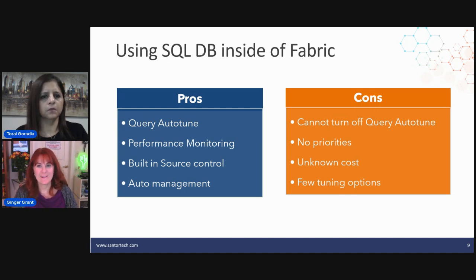There are, as you can see, different philosophies about query auto-tuning. Some people, DBAs in particular, think, oh gosh, I want to be able to turn that off. I want to do my own query tuning. I don't like what it has done. One of the things that I will say is a little bit different about the Fabric database versus Azure SQL DB is that this is a more modern version of query auto-tune.